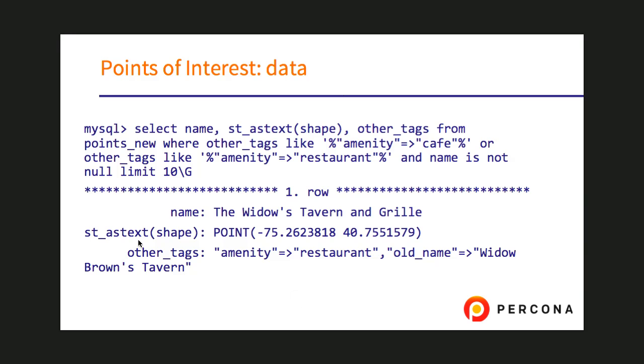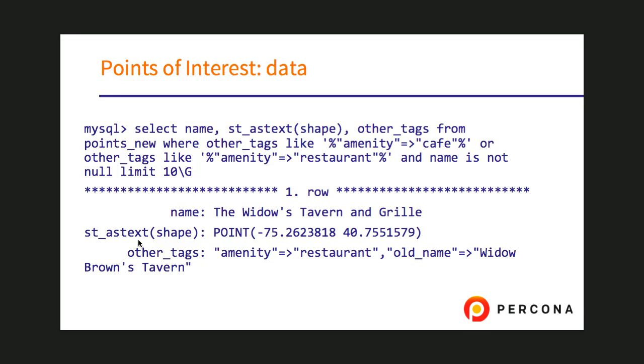Now, what you will get is things like this. I'm using this points table, which is the result of our conversion. The points table has all the points of interest that are part of this database. There are other tables that I will look at, lines and polygons and so on, but let's start with the points.